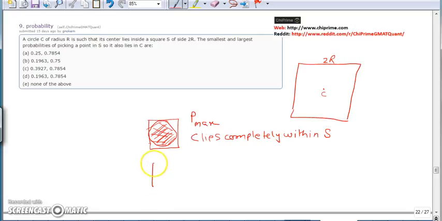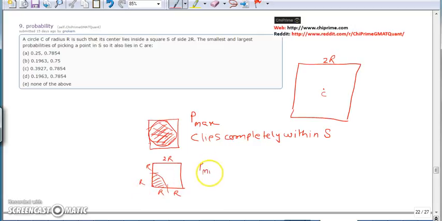And the minimum probability will be such that the center of the circle only has minimum overlap with the square. So in this case, the side of the square is 2r, right? The radius of the circle is r. So this is r, this is r, this is r, this is r, and you only have a quarter of the circle.